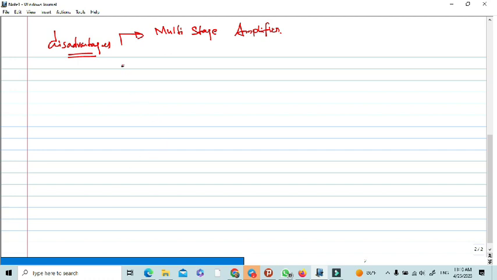So here, compared to single stage amplifier, the bandwidth of multi-stage amplifier is very low. That means the first disadvantage is that compared to single stage amplifier, bandwidth is very low.